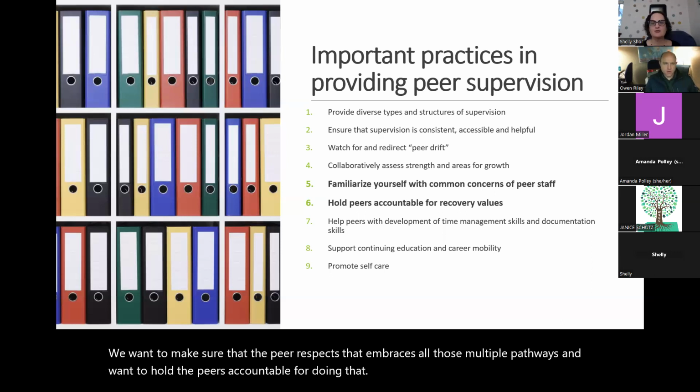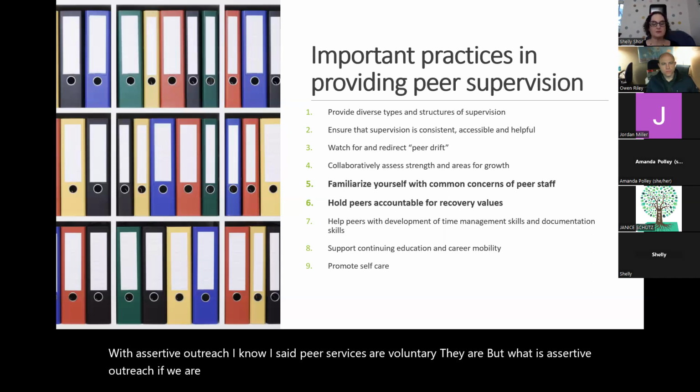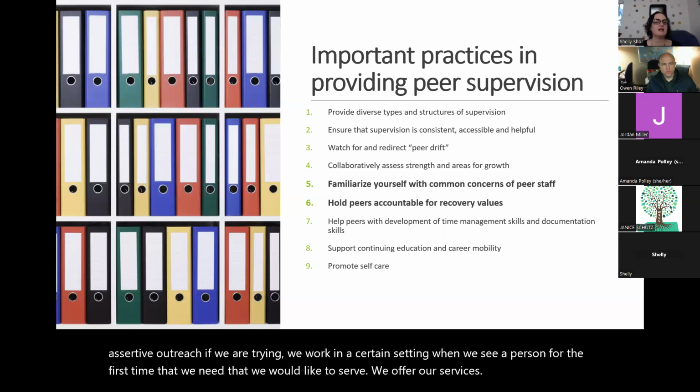With assertive outreach, I know I said peer services are voluntary, they are. But what is assertive outreach? If we work in a certain setting, when we see a person for the first time that we would like to serve, we offer our services. That person might not want to work with us.